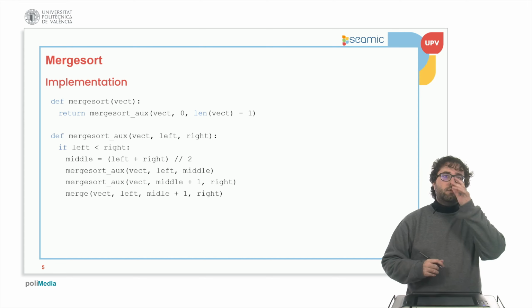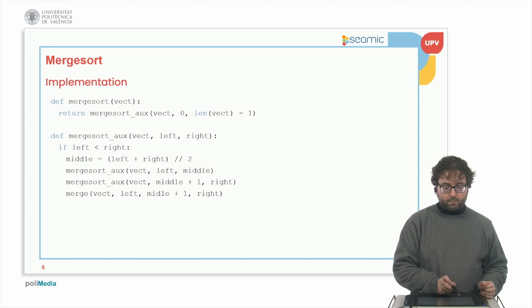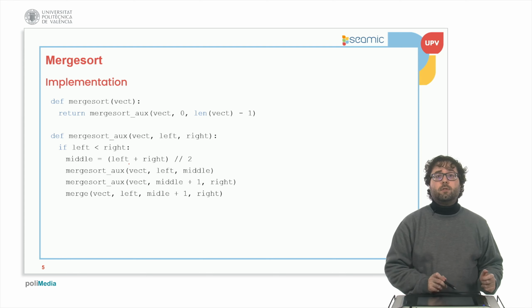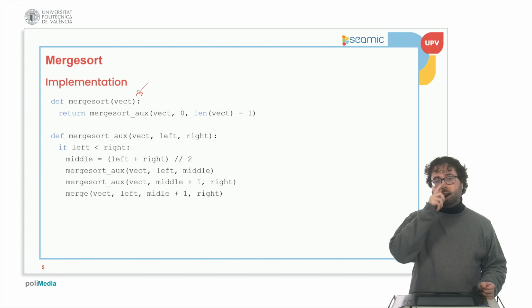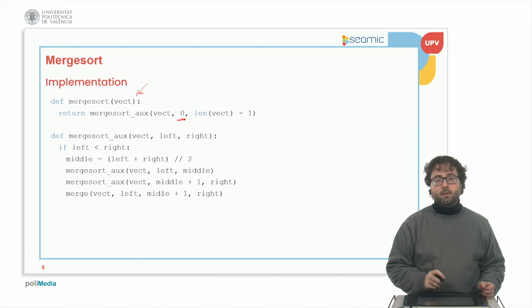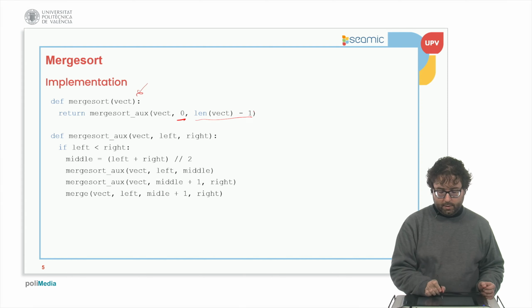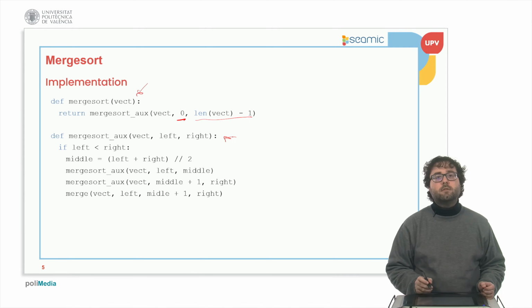Now we can see how to implement this in Python, and the easiest way would be using an auxiliary recursive function, so that we have our main function, which just uses the auxiliary function, selecting as the first position of the left the start of the list, and the right the end of the list. And what does our function do?